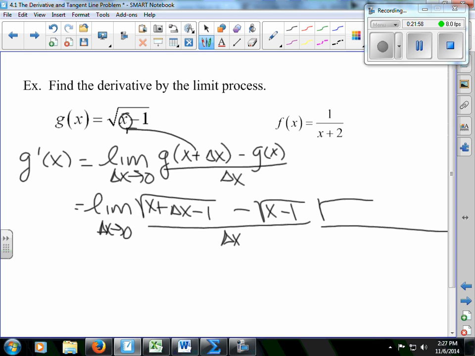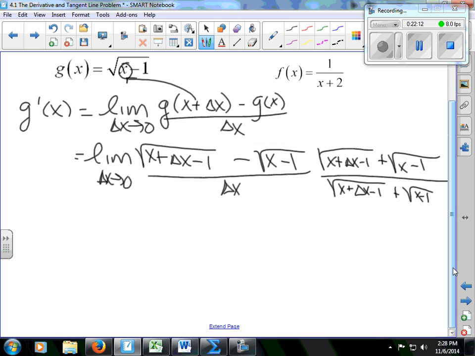So that would be radical x plus delta x minus 1 plus radical x minus 1. You're going to do that in the numerator and in the denominator. And when I FOIL, because conjugates take out the outers and inners in the FOILing, you get x plus delta x minus 1 from your firsts, x minus 1 from your lasts.